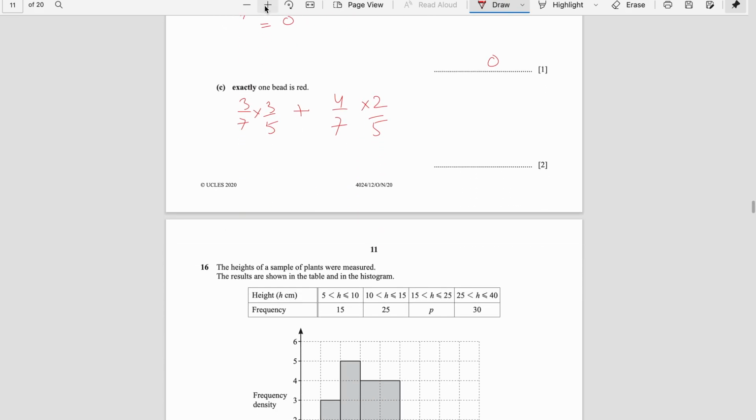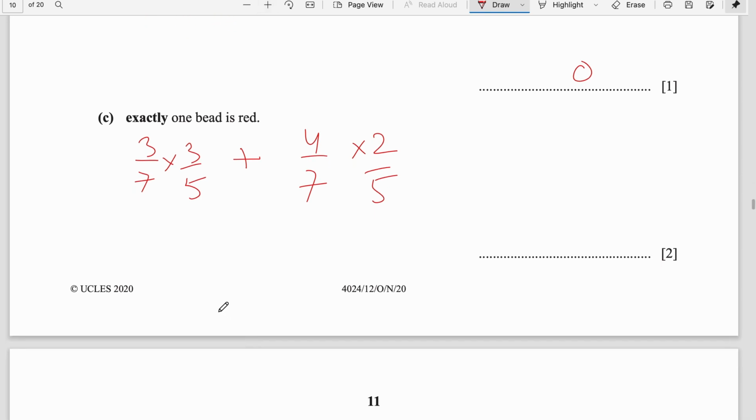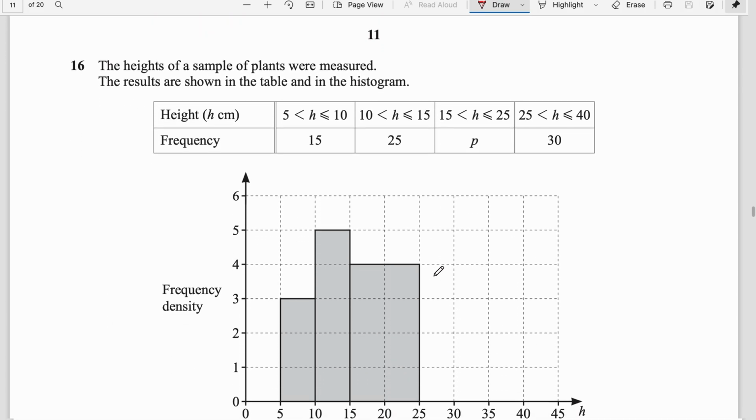Now we simplify this. 9 by 35 plus 8 by 35 is 9 plus 8 over 35, which is 17 by 35. So the probability of exactly one red bead is 17 by 35.